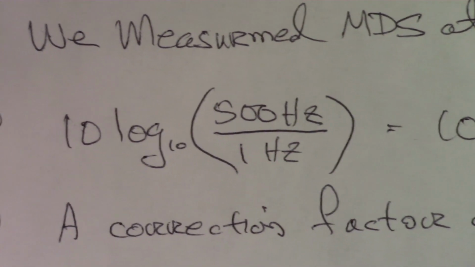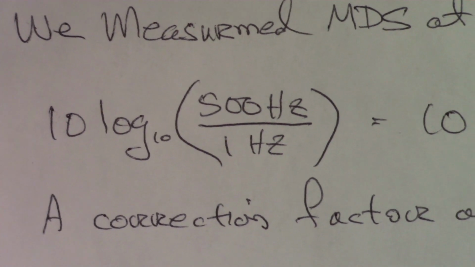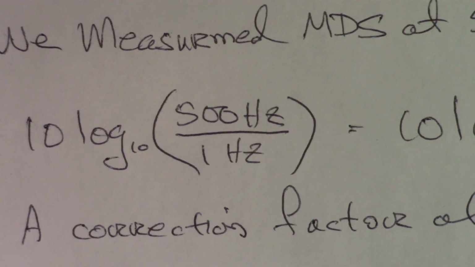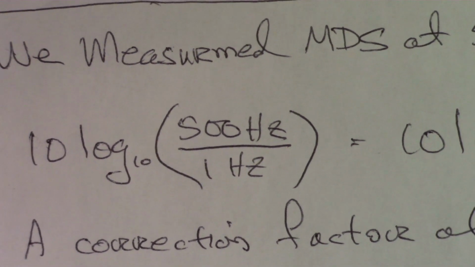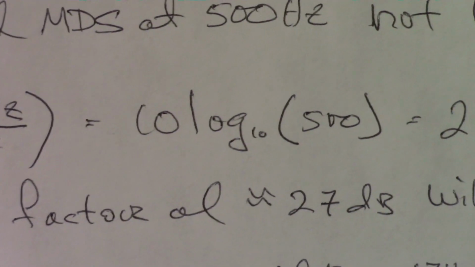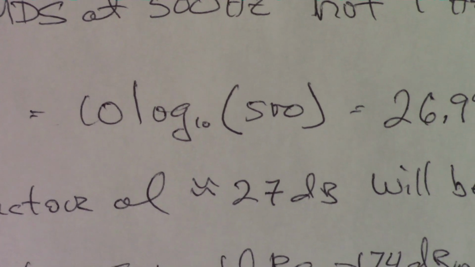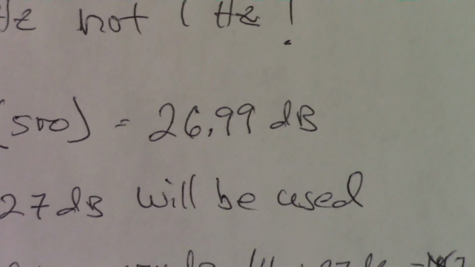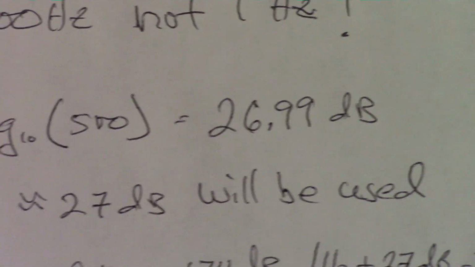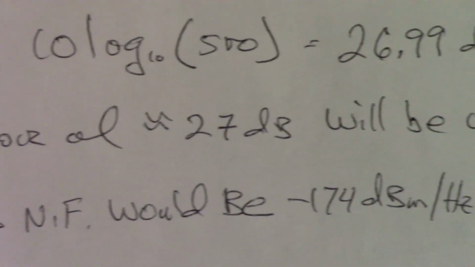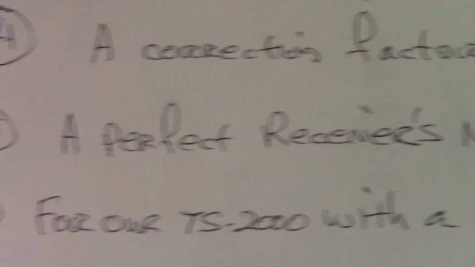All we do is take 10 times log base 10 of the bandwidth that we made the MDS measurement in, in this case 500 Hertz, divided by 1 Hertz. That simplifies to 10 times the log base 10, 500, comes out to 26.99. We're going to round that off to 27 dB.